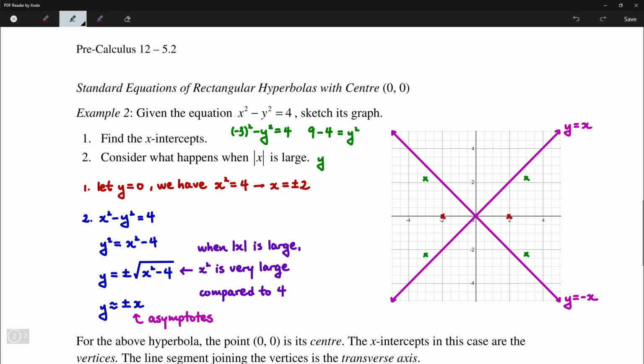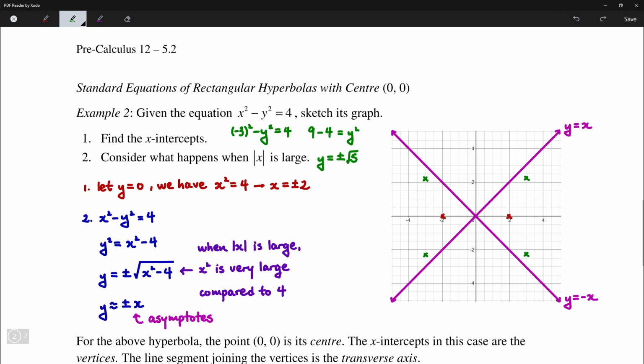So y is equal to positive or negative the square root of 5, which is what we have in these two locations. And of course, the idea here is if this were positive 3 instead, it will still give us 9 minus 4 and the square root of 5. So these 2 points will be on the right side.